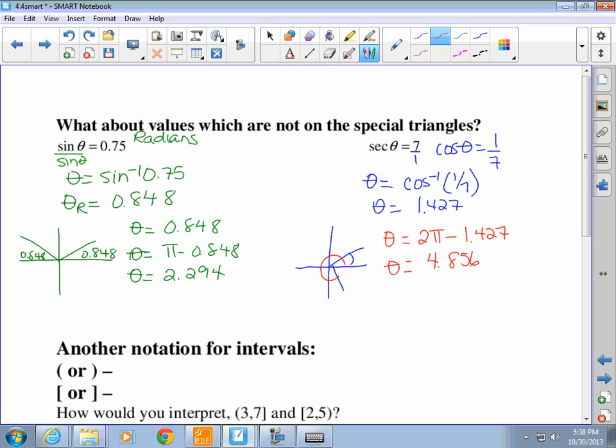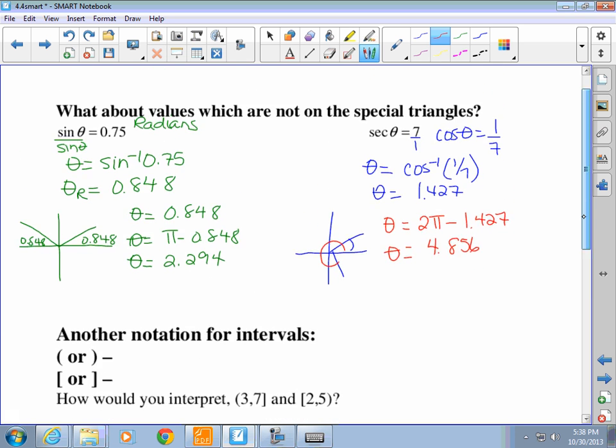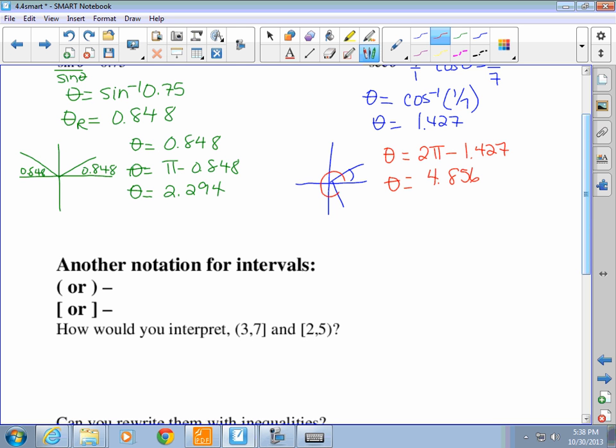Okay, sometimes in your questions there, instead of giving you intervals of 3 is less than or equal to x is less than or equal to 7, they're just going to use brackets. And there's two different kinds. There's your parentheses type bracket and then your square bracket, and they each mean something different. This one is going to have number, comma, number, which means it's going to be between that number and that number, and these are open intervals.